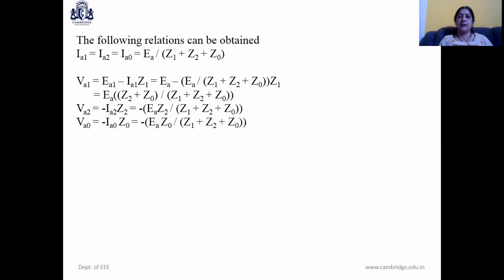That is EA into Z2 plus Z0 divided by Z1 plus Z2 plus Z0.